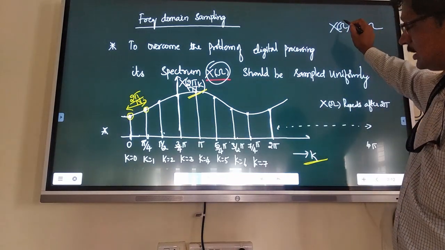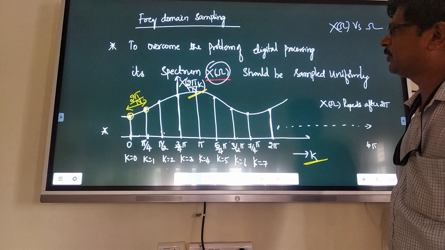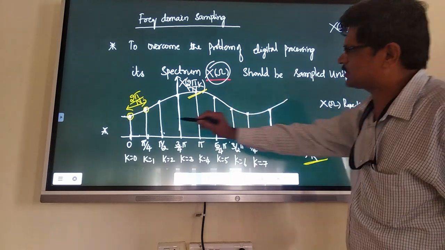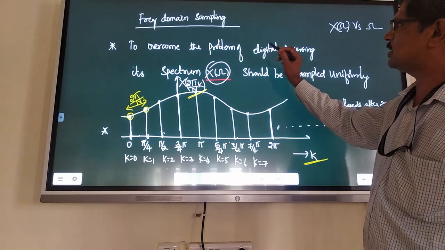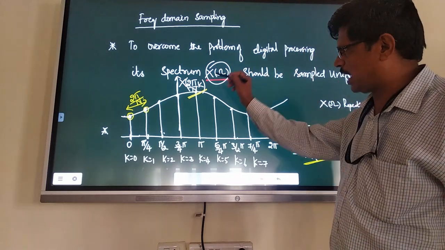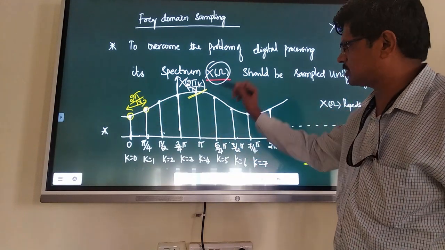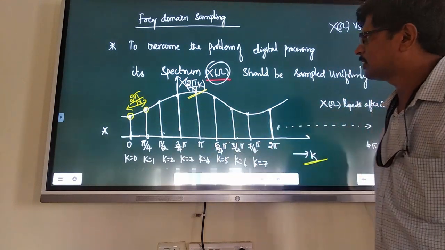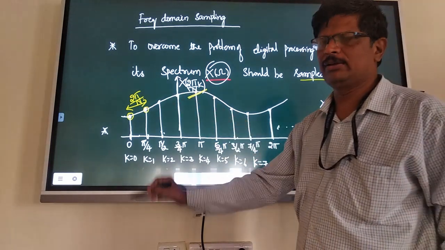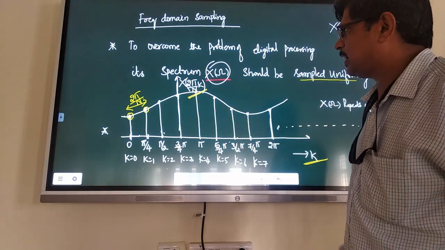The problem was that in the Fourier transform, our input is discrete, but the spectrum is continuous. This continuous spectrum cannot be processed using digital processing. If you want to process digitally, we need to sample it. That's why we should sample it uniformly. How to sample it?